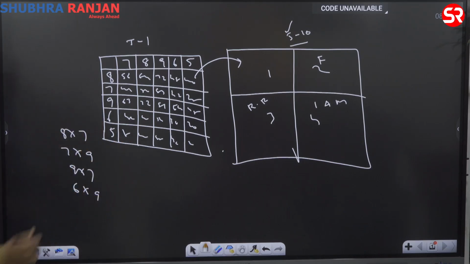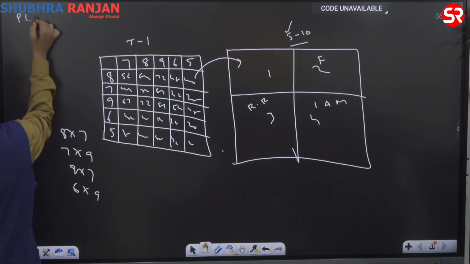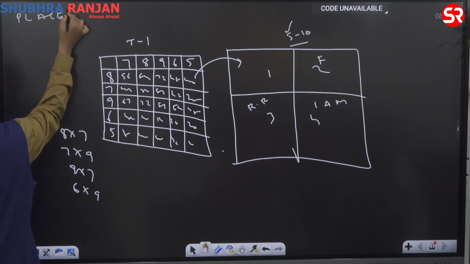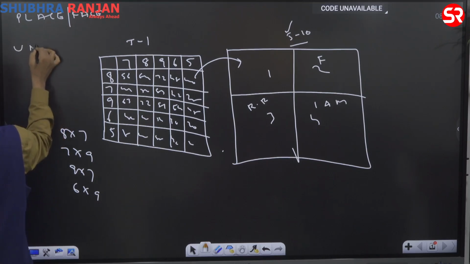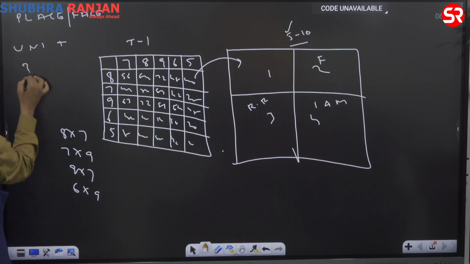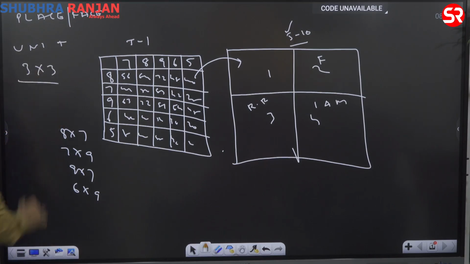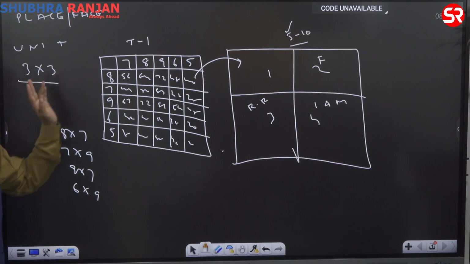And in today's session we are going to discuss place value and face value, unit digit. Yesterday's 3 by 3 multiplication. Yesterday we did multiplications with single digit and double digit.